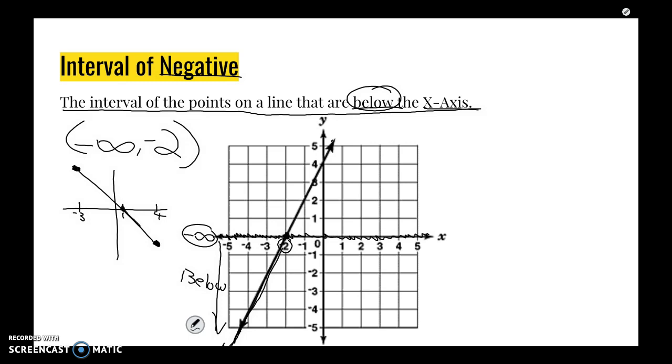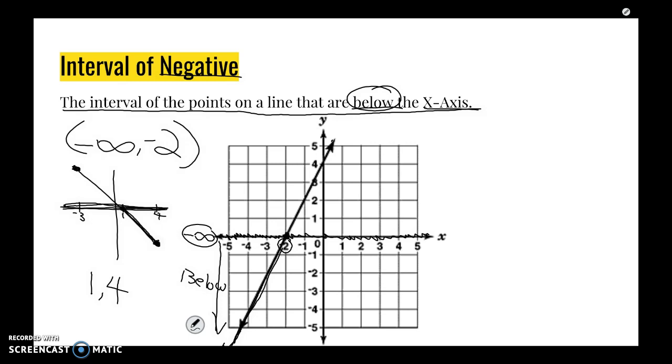So here, everything that goes down to this point. So that's the area that we're looking for, everything below the x-axis, everything underneath this x-axis, okay? So if we look at everything underneath that x-axis, it's going to start here at 1, and it's going to go down all the way until it reaches this point, which is located at 4.